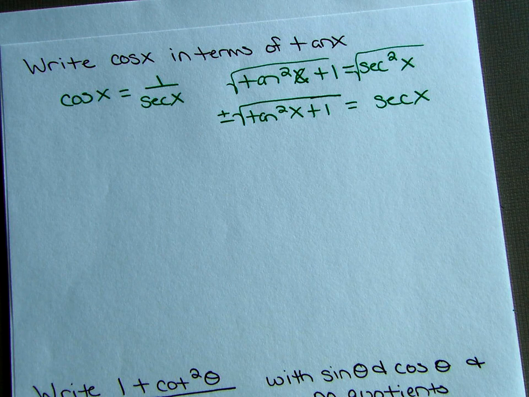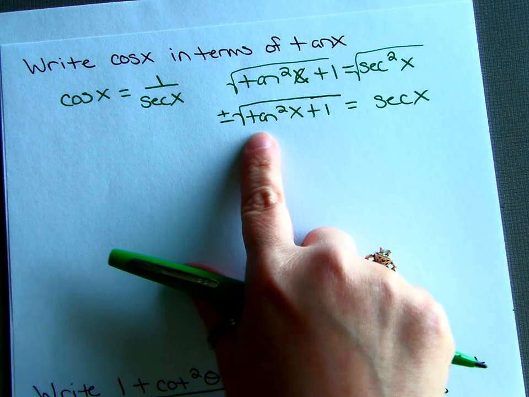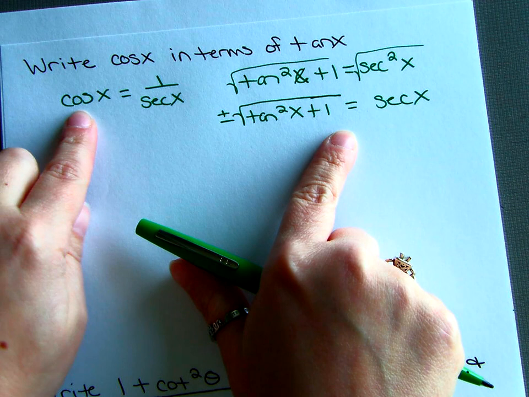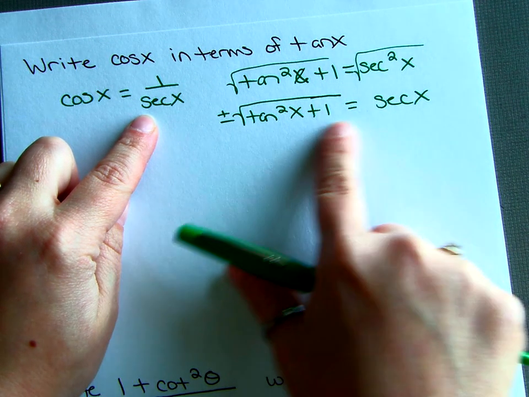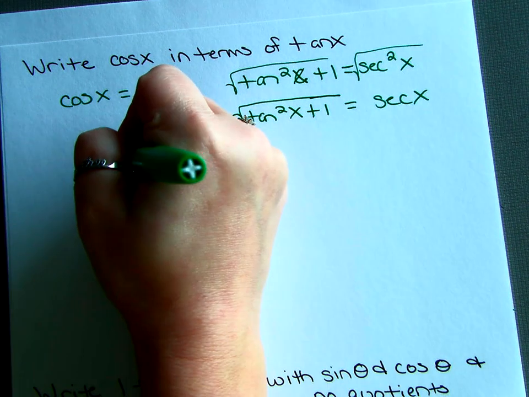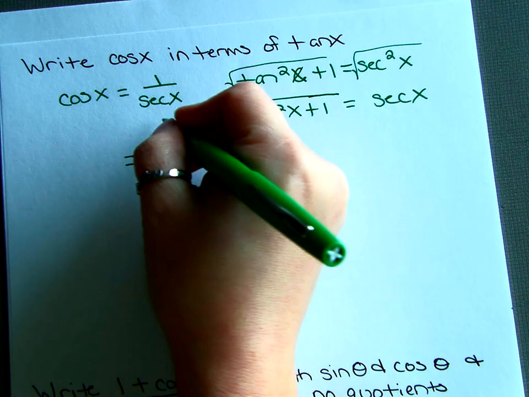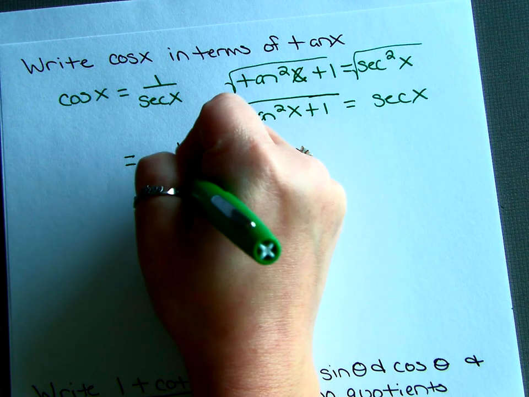Now that we know secant in terms of tangent, and we know cosine is 1 over secant, we can do a substitution. We can plug all of this into the denominator over here, because cosine of x is 1 over secant, and we just said secant is plus or minus the square root of tangent squared x plus 1.